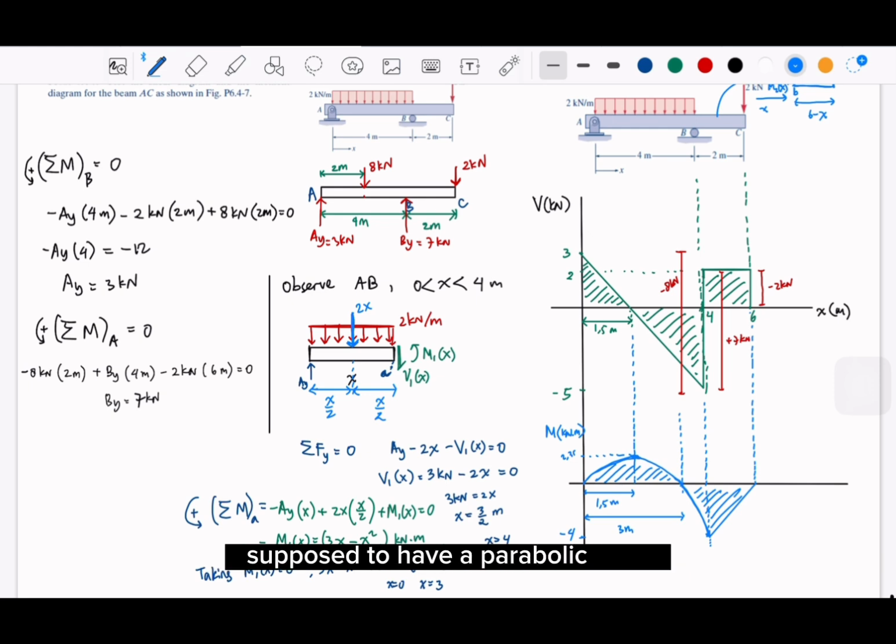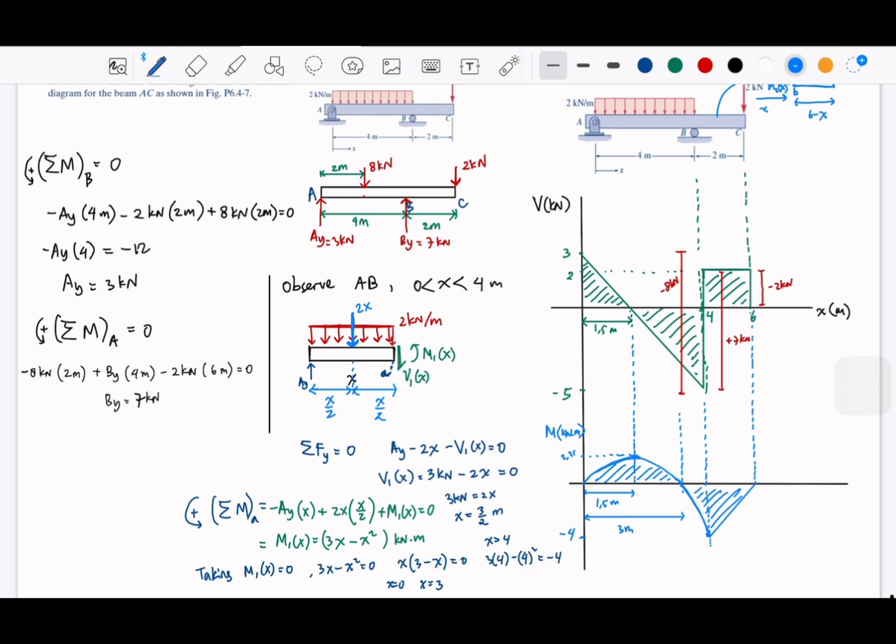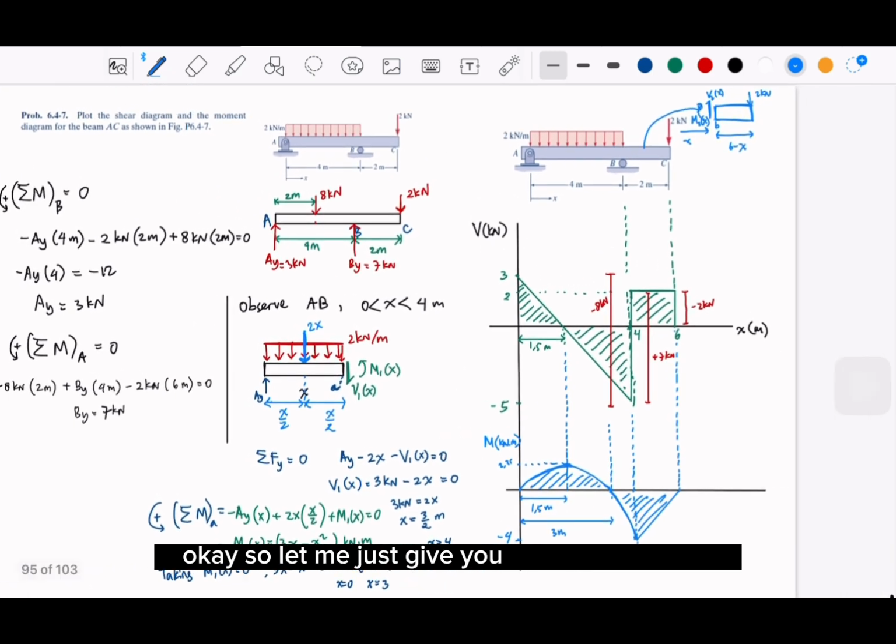V is supposed to be parabolic, and if we integrate once more, we could have maybe a cubic, right? So in terms of calculus, that will be more work to do. Okay, so let me just give you the question here.